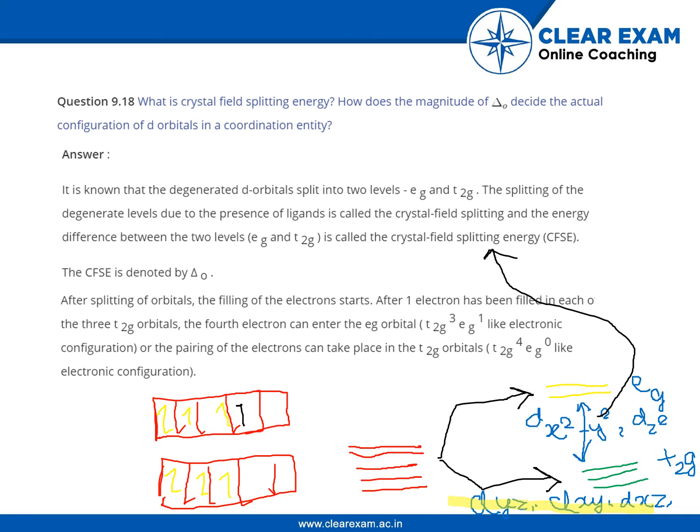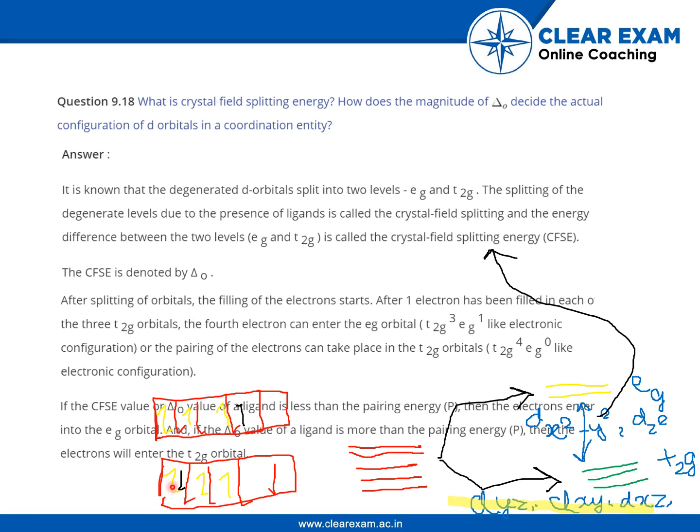These are similar, three electrons. Now, if the pairing of the electron takes place, then it will not go in the fourth orbital, which is the Eg orbital. It will pair up into the T2g orbital only. So this will be the configuration as shown here, T2g4 Eg0.